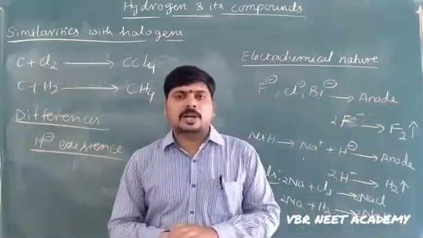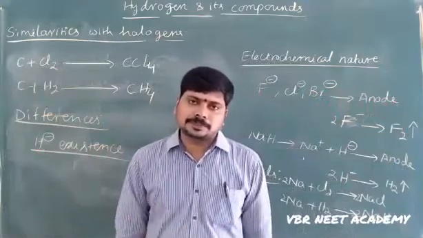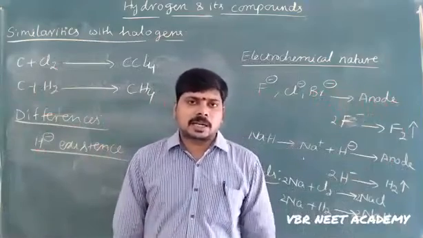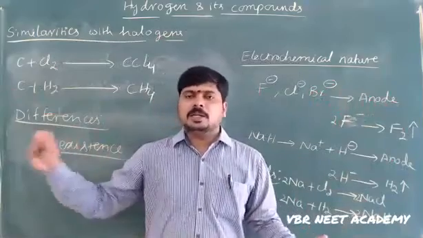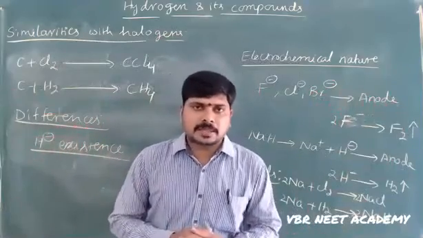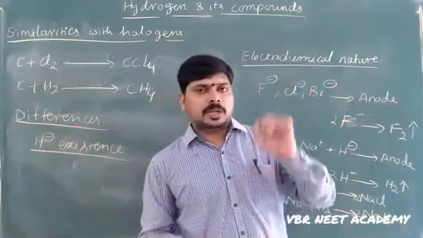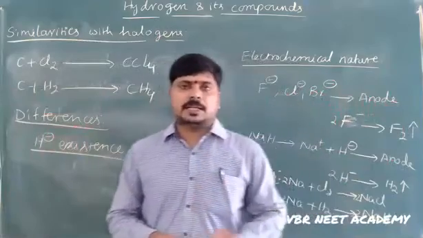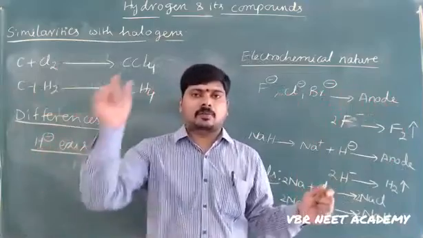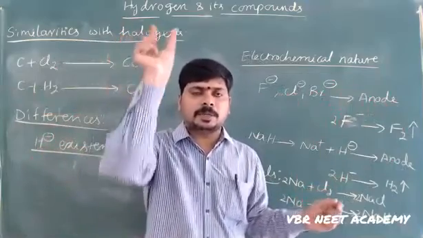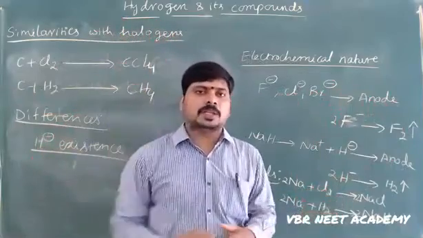So finally, where do you have to place the position of hydrogen? The hydrogen can't be kept along with alkali metals, and can't be kept along with your halogens. So we have to place the hydrogen uniquely. Every time you see the periodic table, hydrogen is kept separately as one place in the middle of the periodic table, a unique place given for hydrogen.